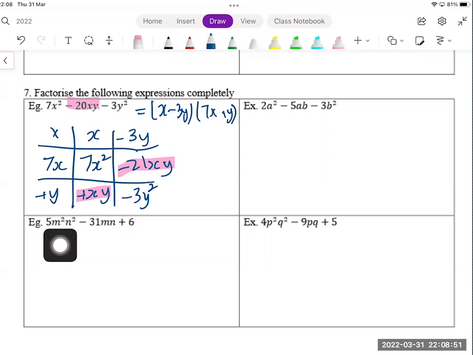If you look at your answer, you realize that when we break this down, instead of breaking into, let's say, 5m squared and m squared, which doesn't make sense because I need to get the middle term, which is negative 31mn, this one is broken down into 5mn times mn. Which I think you can see on your answers, correct? The rest that you have.